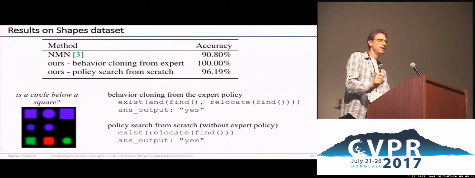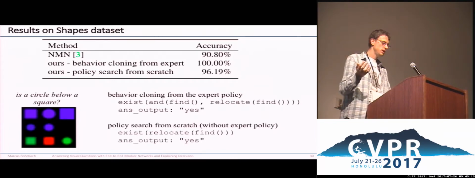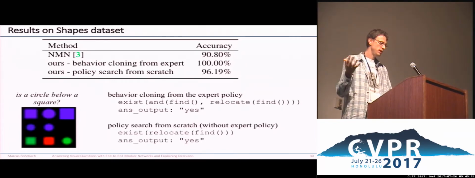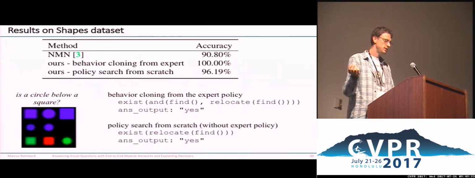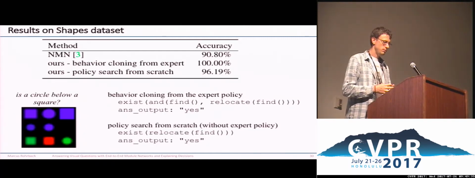So we started on the shapes data set. We compare with the neural module networks. Ours with cloning from the expert basically solves the data set, and when we don't use any expert policies, so just learn the policy search from scratch, we get close to perfect performance.